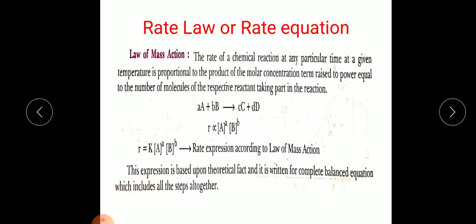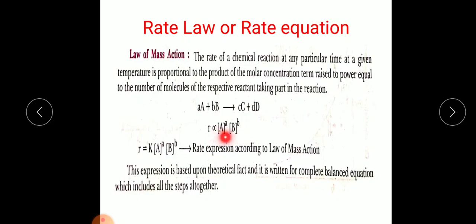Now let us try to understand this. Say for example we have taken a general equation with reactants A, B and products C and D, and small letters a, b, c, d are the coefficients, that is the number of molecules that you are taking. According to the law of mass action, the rate of reaction is directly proportional to the product of molar concentrations of the reactants, each raised to its power, small a and small b.